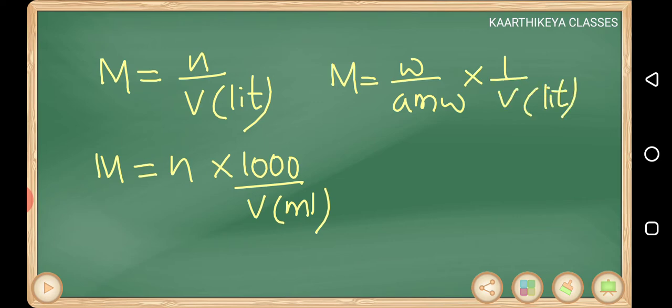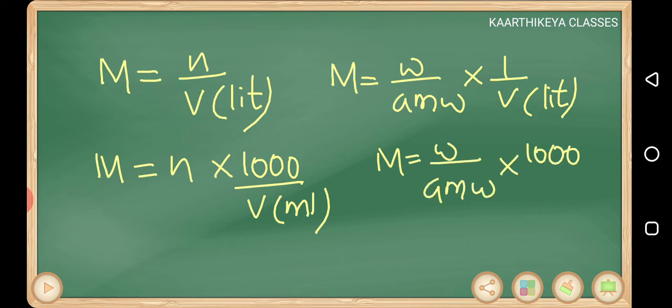Weight must be in grams. Molarity is equal to weight by gram molecular weight into 1000 by V if V is given in milliliters. All these are molarity formulae. Only one formula, we are just expanding it: number of moles by volume.